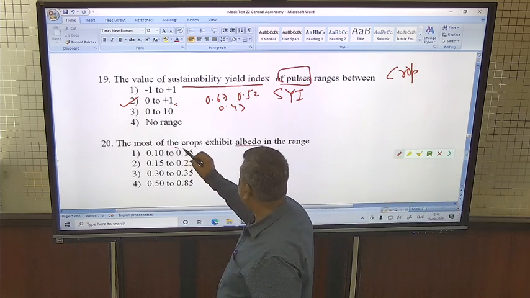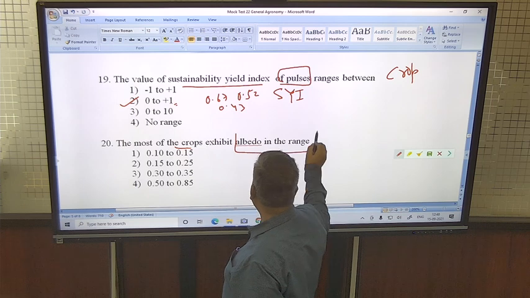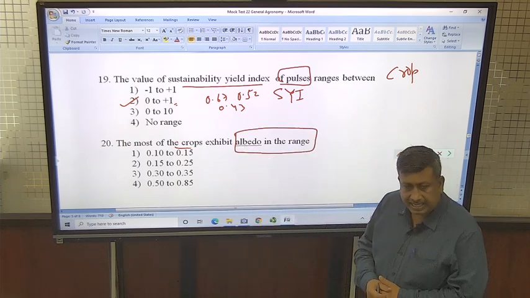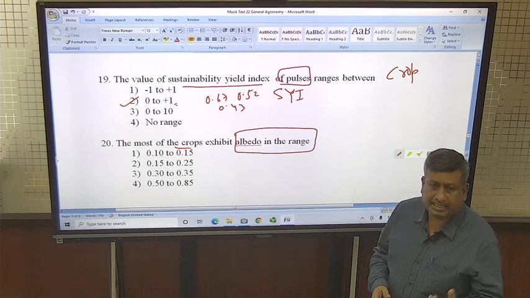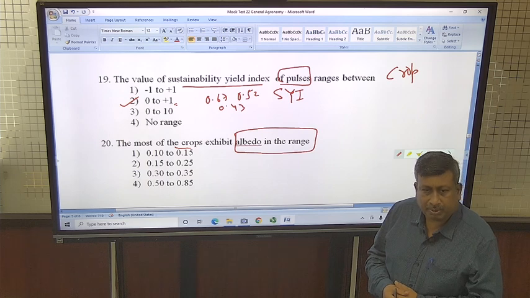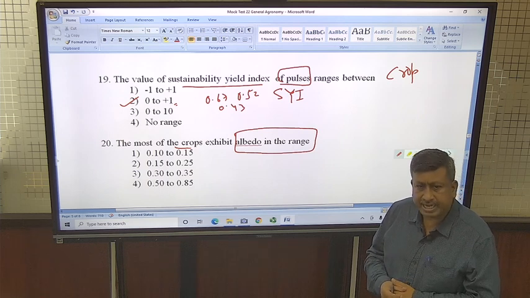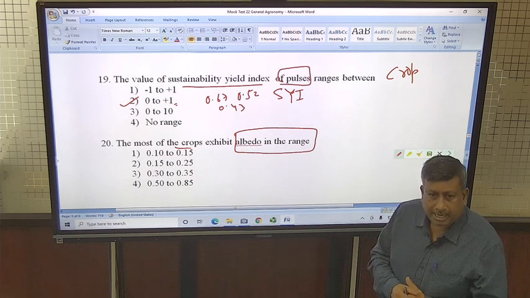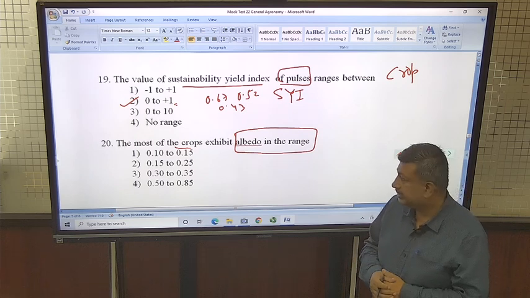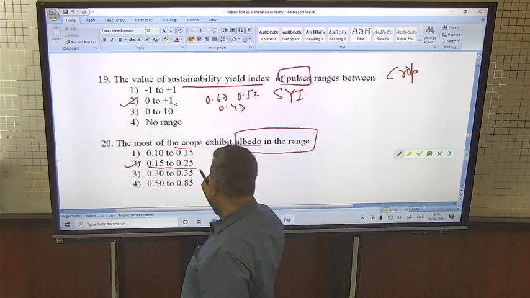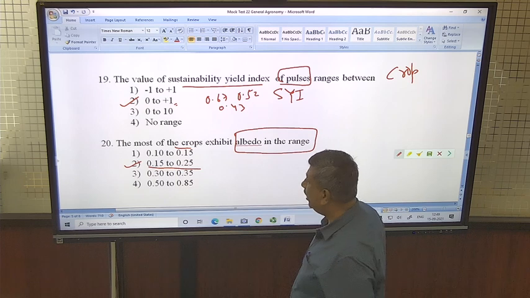Most of the crops exhibit albedo in the range. Albedo is reflectance, it indicates how much light is reflected back. It depends upon the nature of the body, whether it is a black body or a shining body, and this albedo depends upon the canopy color, canopy coverage, etc. For most crops it is 0.15 to 0.25.